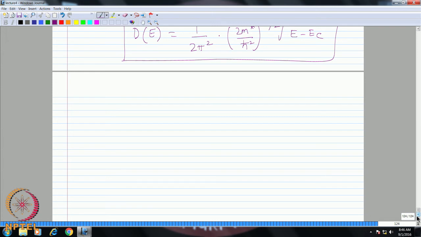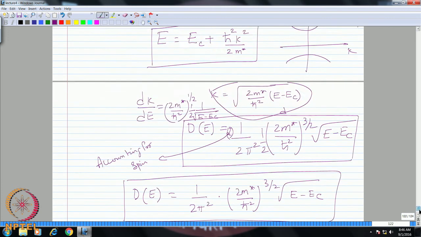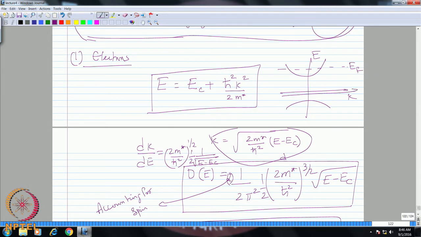So, if you plot this density of states for electrons, you have D of E on the vertical axis versus E. So, you understand this picture here, right. We are plotting from E0, that is after the valence band, between the band gap of the valence and the conduction band, for example.